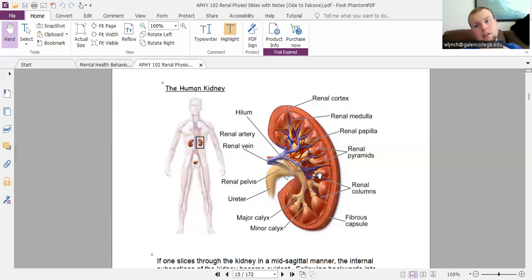Each one of those minor calyces form together and combine into a major calyx. And then all of the major calyces come together and form the renal pelvis, which then exits out into the ureter. In between our renal pyramids, we have what are known as the renal columns. And here we have what are known as the interlobar arteries and veins as well.